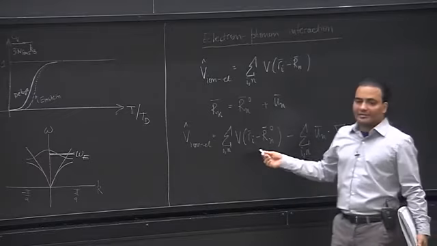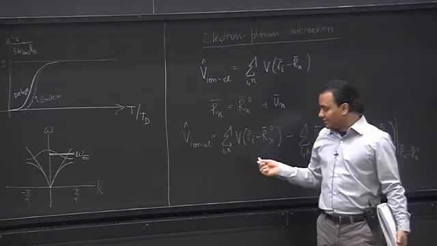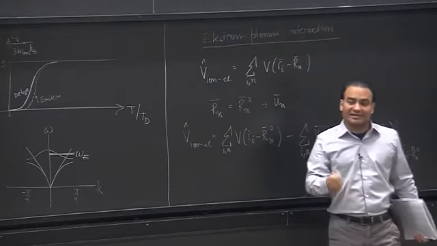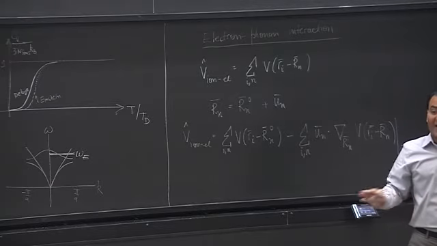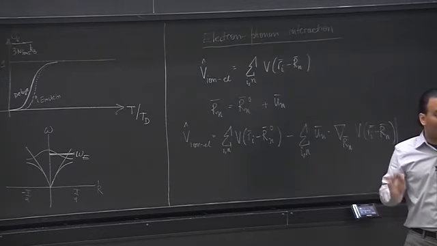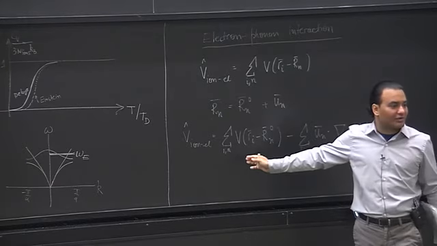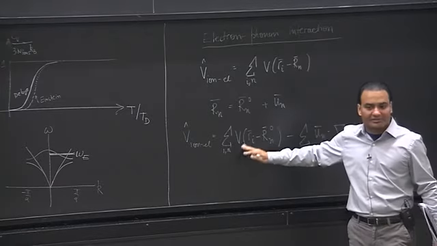Now, this term is not minimized, but this term we have also seen. What is this term? This is the interaction between electrons, where now ions are at their equilibrium position. So this gives rise to the whole Bloch theory.